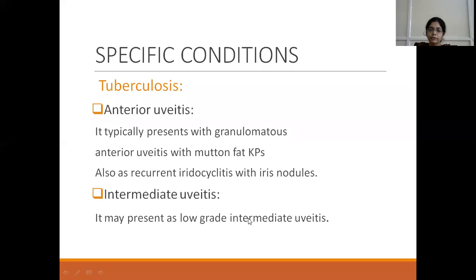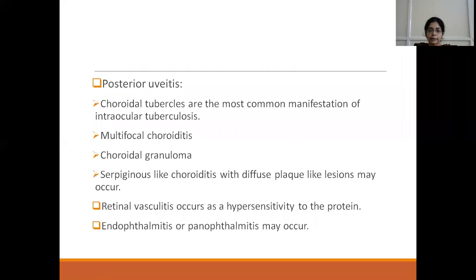Again, intermediate uveitis, we have just read that tuberculosis can also be one of the causes of intermediate uveitis, leading to vitreous inflammation, vitritis, as well as snow banking. Now, what about posterior uveitis? Tuberculosis can cause choroidal tubercles.